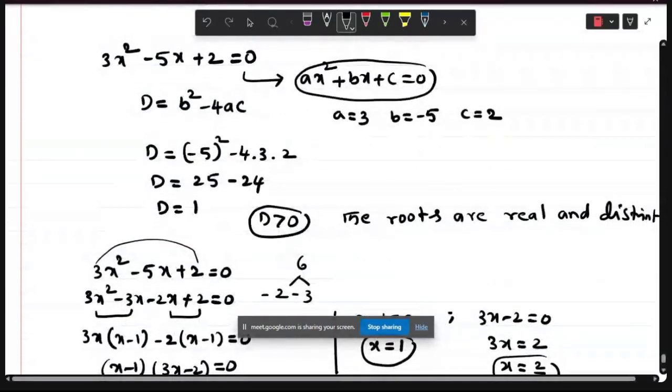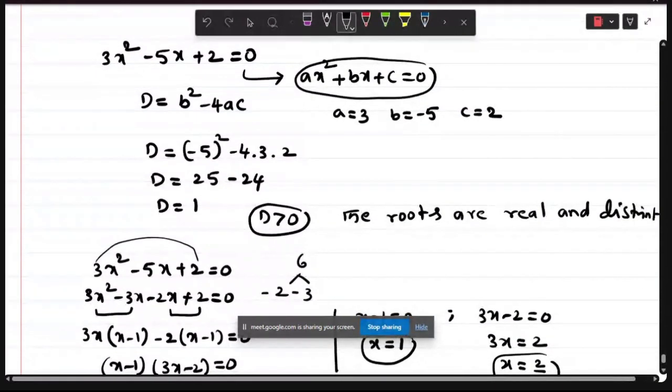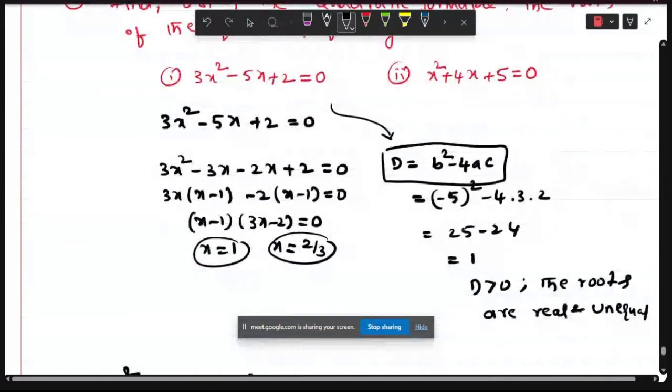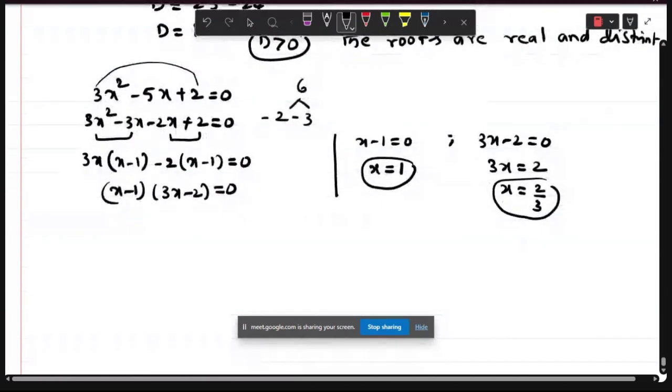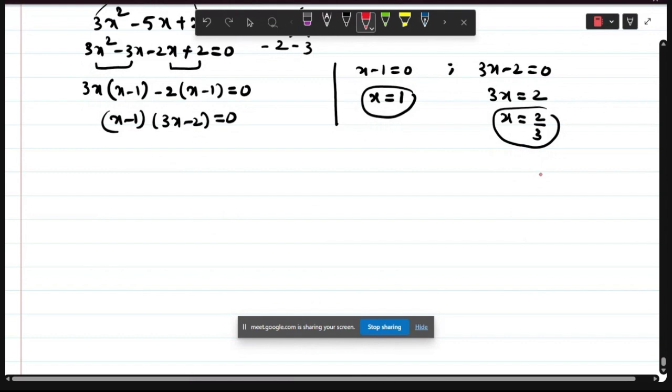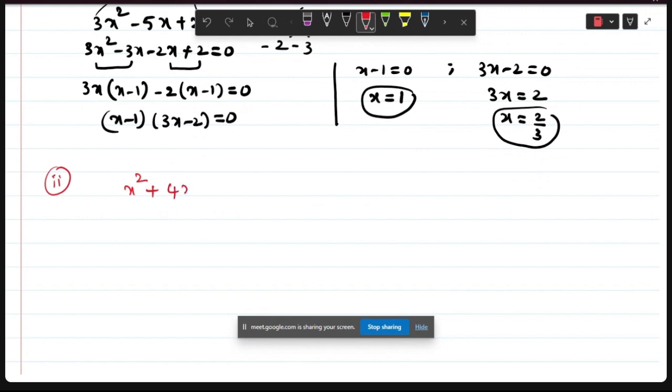Next question, ma'am. Second question: x squared plus 4x plus 5 is equal to 0.